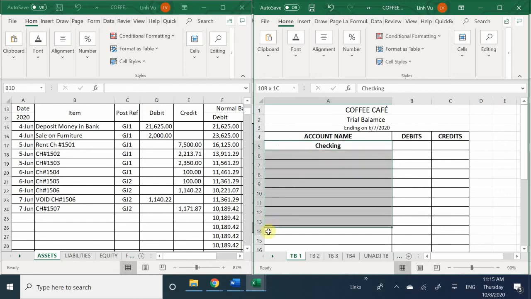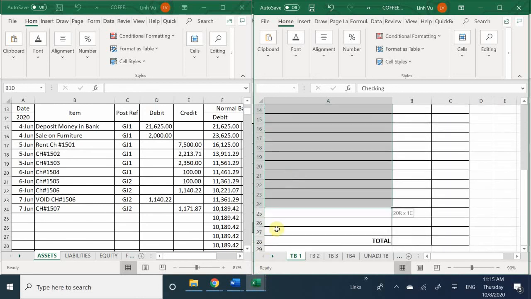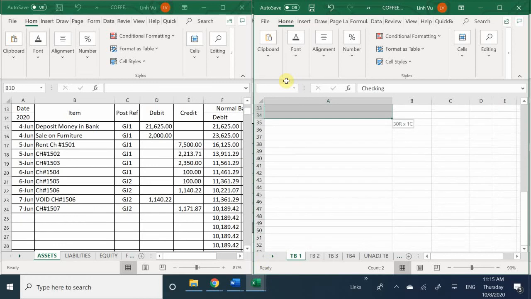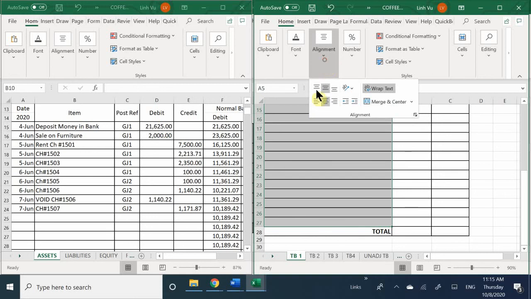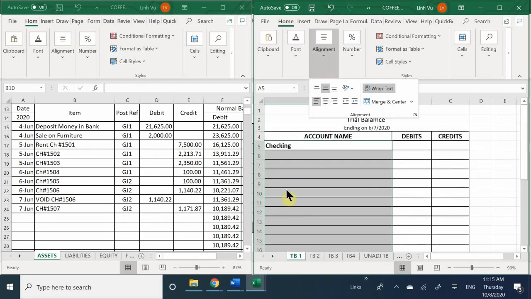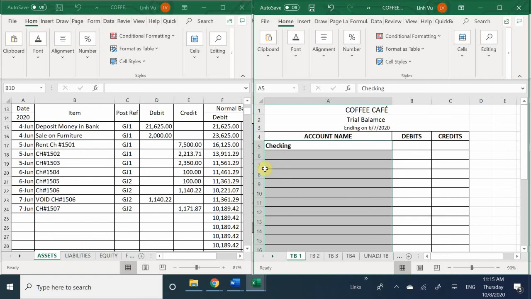And I'm going to format this so I can see it a little better. All right. I'm going to left align it. You can place them all in the middle. It doesn't matter because we're not dealing with the concept of journalizing.